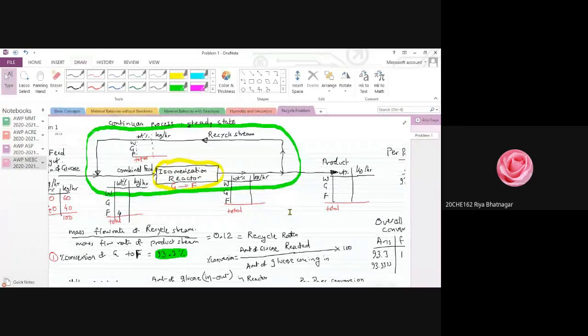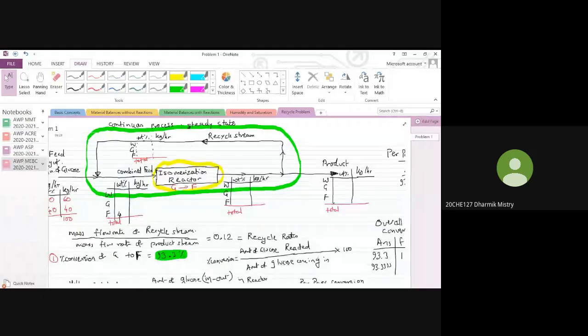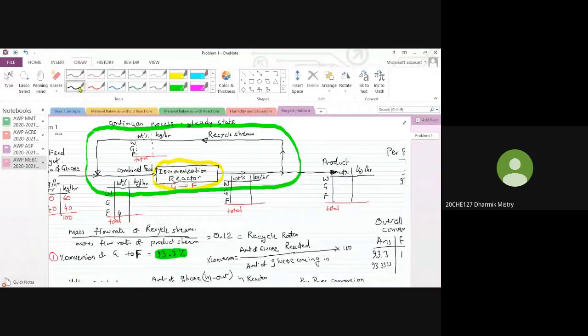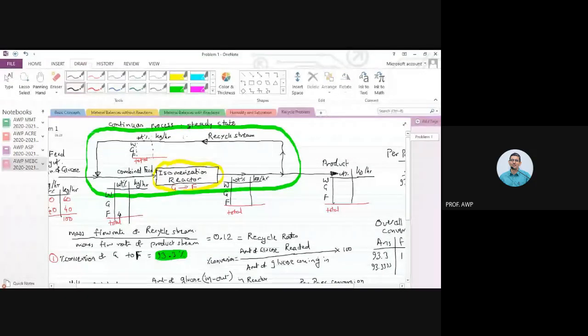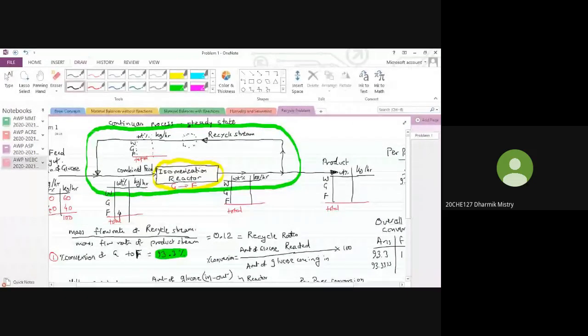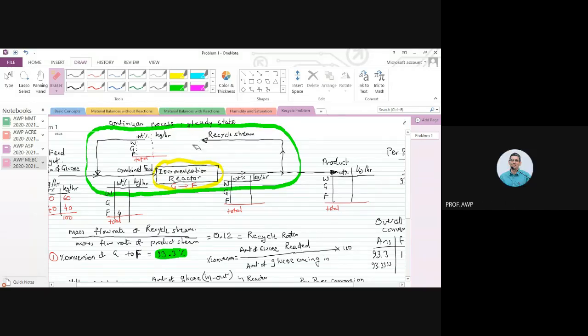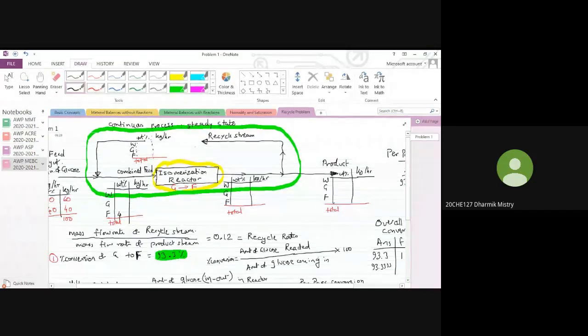Yes, sir. Sir, we can take the recycle stream to another isomerization reactor and then make the products. So you want to add one more reactor here? Sir, instead of recycling it, we can add the isomerization reactor.